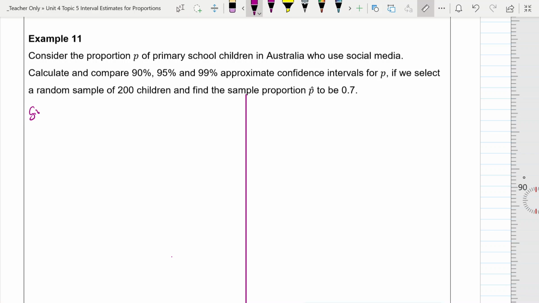Okay, so now we've been given that our n is 200 and we don't know how many children out of that 200 are in that sample proportion. They've just told us that our sample proportion is 0.7.